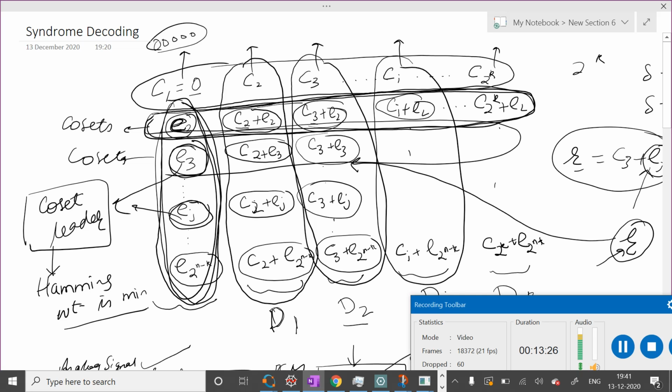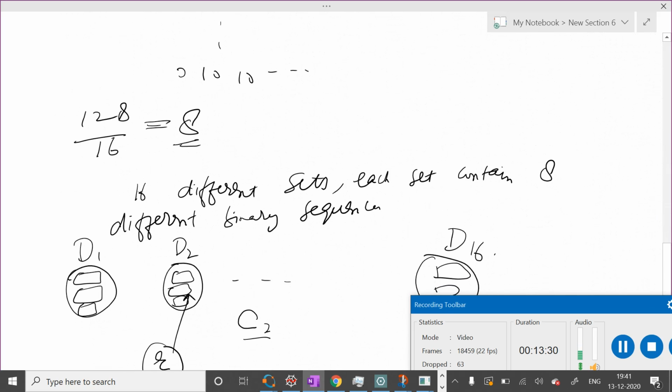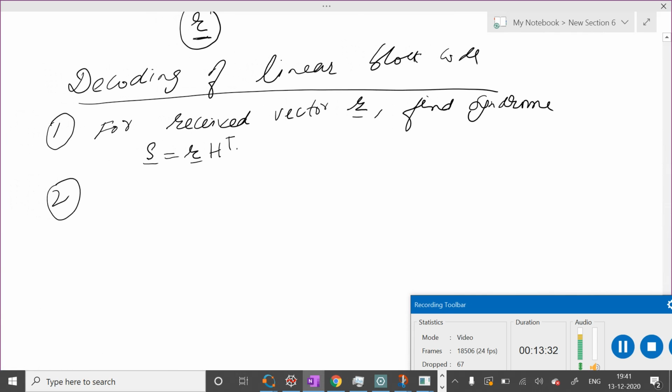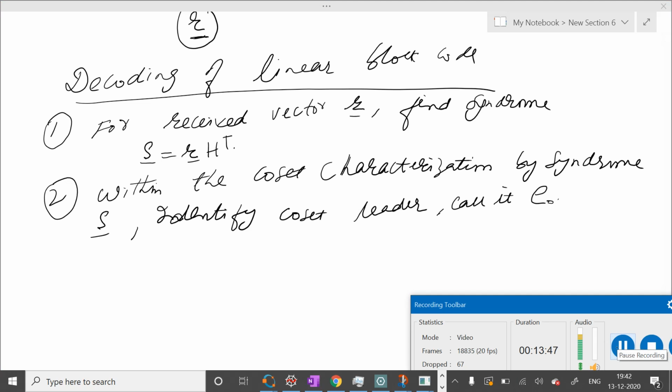Again I repeat, things will be more clear when I take the example. Now the second step is within the coset characterization by syndrome, identify the coset leader. The coset leader will be the basic error pattern. We will see later with the example what it means.